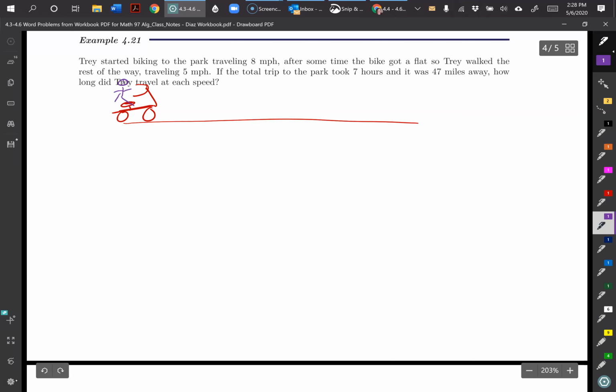Pedaling along, and then we know he's going at 8 miles per hour there, and then he hits a flat, right? Gets his flat. And the time it took to get there, we don't know, right? Time is question mark.